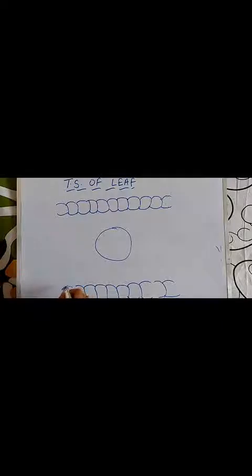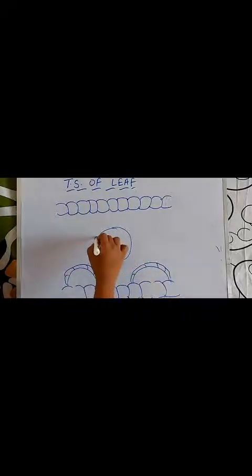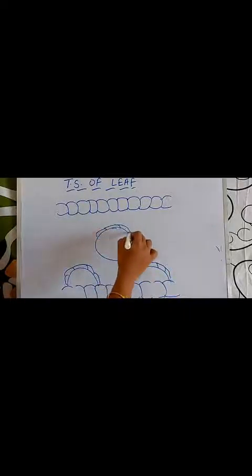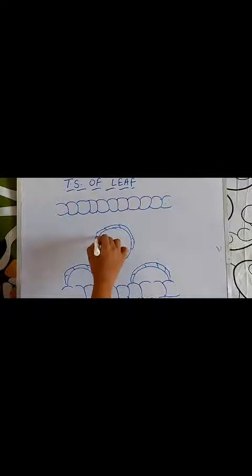Draw outlines of the central vascular bundle and air spaces like this, so that it is covered with a single layer of cells. It has to be covered up with a single layer of cells.